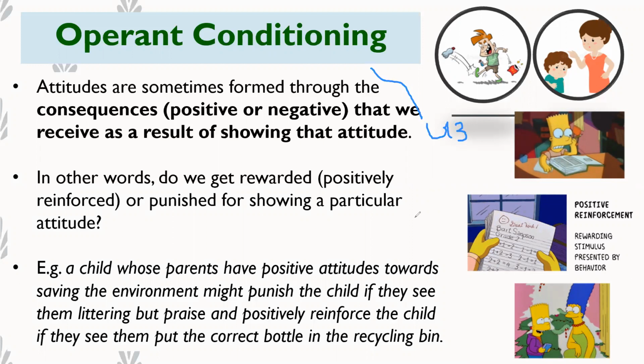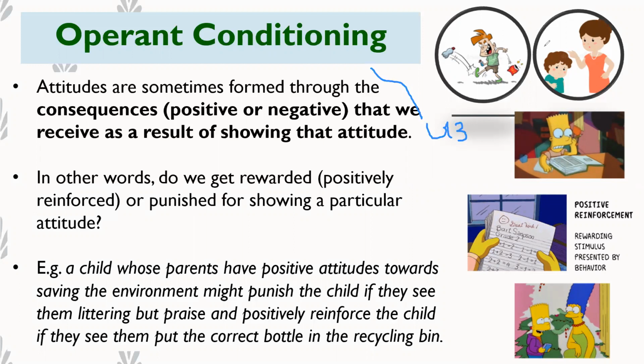And I'll give you 2 examples. The simple idea is, do we get rewarded, that is positively reinforced, or punished for showing a particular attitude? And depending on whether we get rewarded or punished, that attitude will either disappear if we get punished, or continue to be demonstrated if we get rewarded.